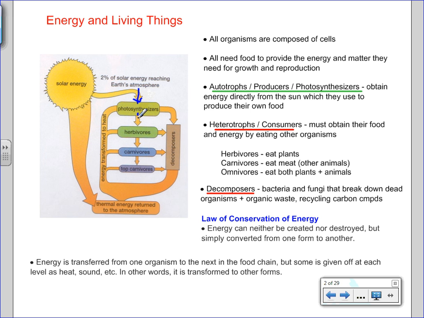With each level, if a herbivore eats that photosynthesizer, like a plant, then some of that energy is what we say is lost, but it'll be given off as heat. Some of it may be lost in other forms as well. So the law is just saying that energy is transferred from one organism to the next, but some is given off at each level as heat, sound, or some other form.